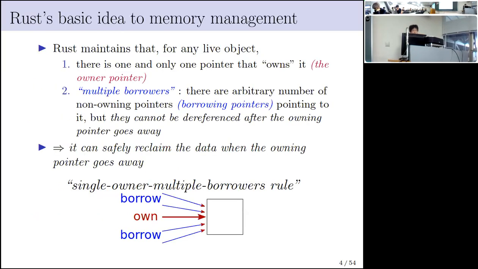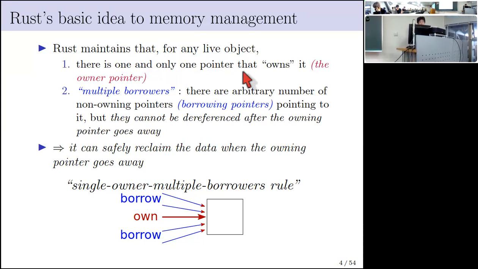So this is the overview, the very basic idea of memory management in Rust. Rust maintains that for any live object, there is exactly one and only one pointer that owns it.